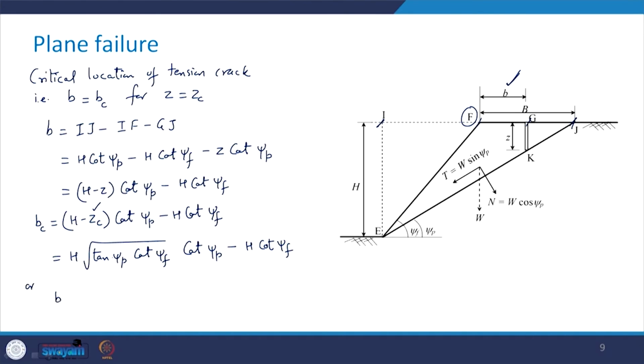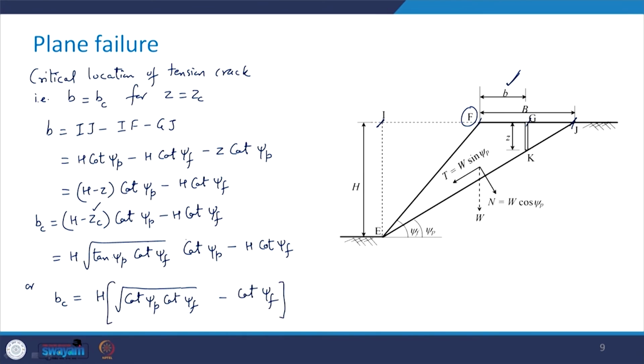Or we can write this bc as h square root of cot psi p cot psi f minus cot psi f.